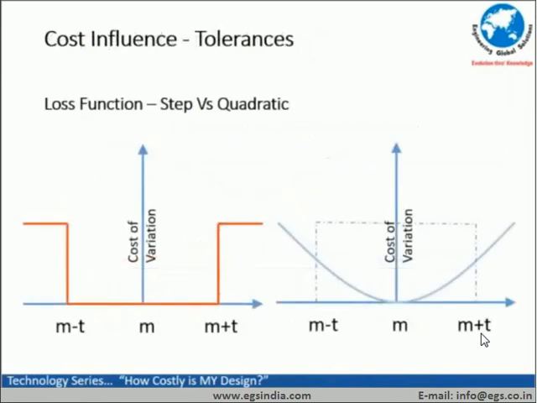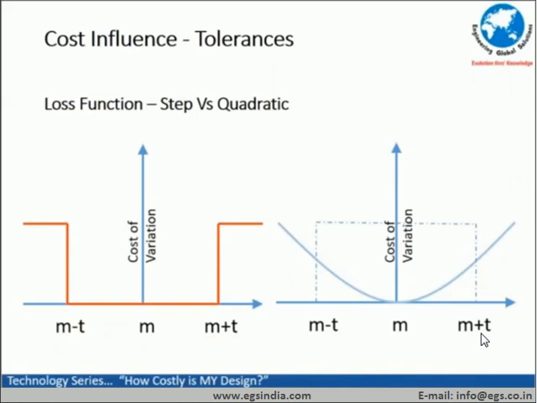Now, the second thing is we keep giving tolerances on the drawing, and manufacturing looks at it as seen on the left side. In other words, manufacturing assumes that the cost of variation that comes as a result of provision of tolerances on the drawing is non-existent as long as you are sitting within the specification limits. This could be far from truth.